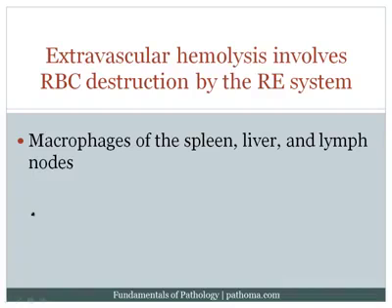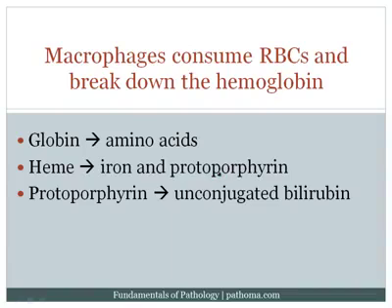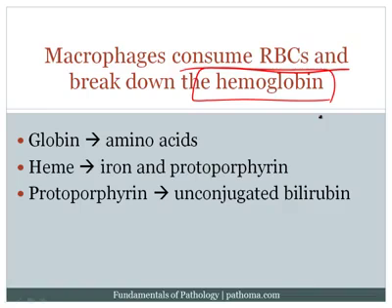Recall that I said that in extravascular hemolysis, the red blood cells are destroyed by the reticuloendothelial system. The reticuloendothelial system is made up of the macrophages of the spleen, liver, and the lymph nodes. And the macrophages consume red blood cells and then break down the hemoglobin, as follows.